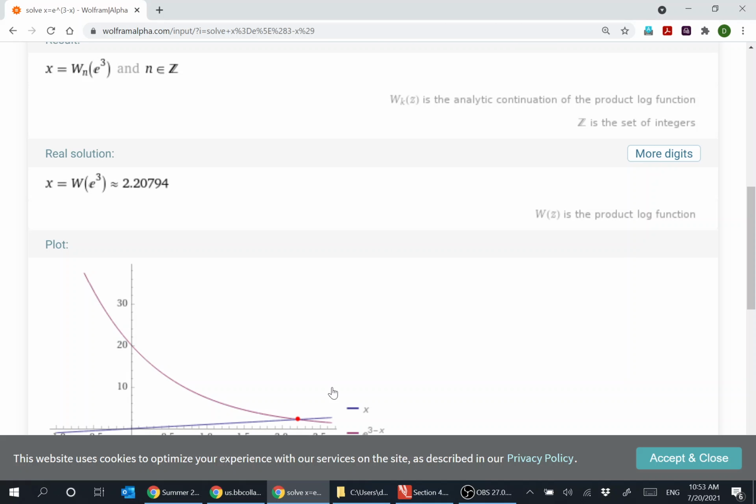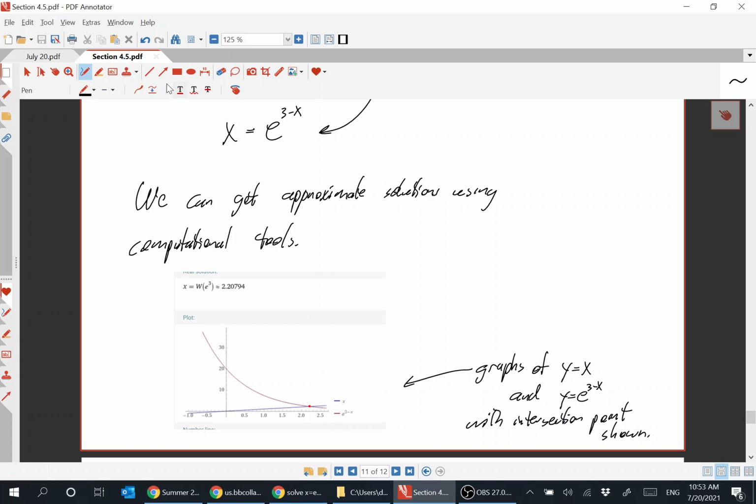Well, somebody somewhere thought up this product log function, and they started studying its properties, and now it's a known thing to them. So folks who like this area of special functions, it's not my area of research, but a lot of people do work in that. And there's tons of special functions with all kinds of cool names and neat definitions. I do know some, just not that one.